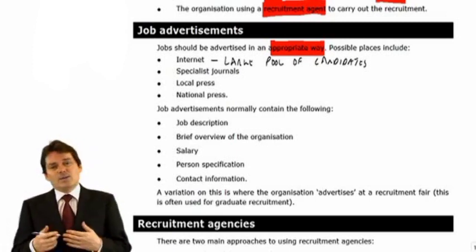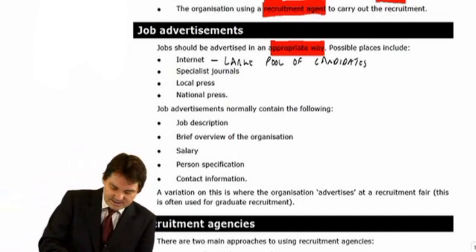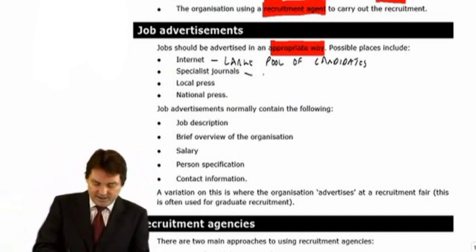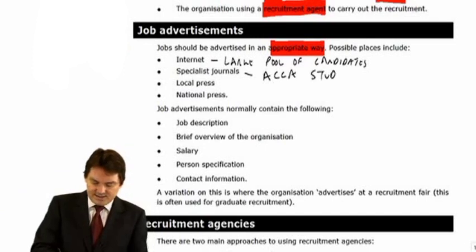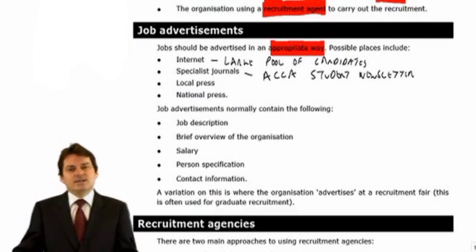So the internet is becoming more and more common. You could advertise in specialist journals. A good example of a specialist journal is something like the ACCA student newsletter. Do you ever see jobs advertised in the ACCA newsletter?